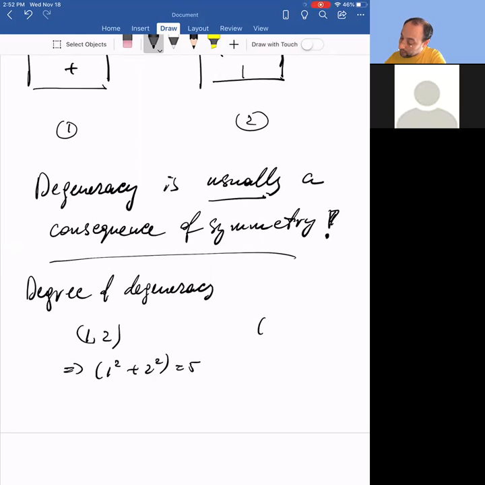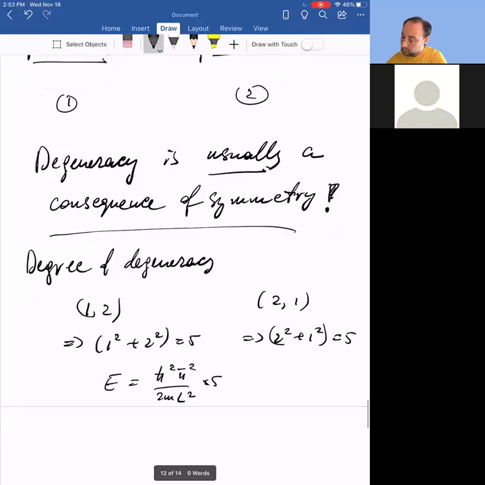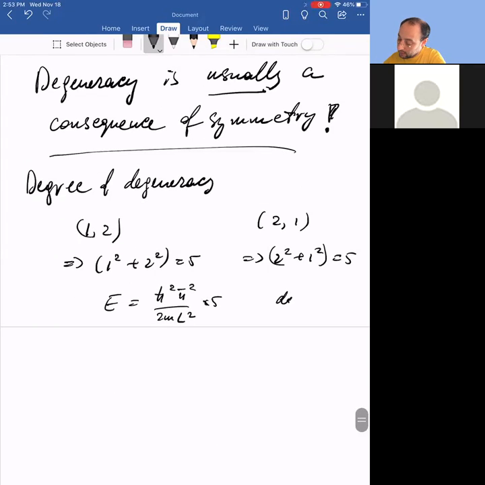And I have the 2, 1 mode, which gives me 2 squared plus 1 squared equals 5. So this will have the energy times 5. I can ask, how many states have this energy? The answer is 2: the 1, 2 state and the 2, 1 state. So the degree of degeneracy equals 2. This is a degeneracy of degree 2.